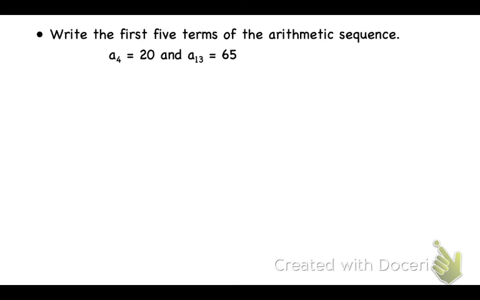Okay. Now, write the first 5 terms of the arithmetic sequence where a sub 4 is 20 and a sub 13 is 65. Well, we need to write a definition. Our definition is a sub n equals a sub 1 plus n minus 1 d.